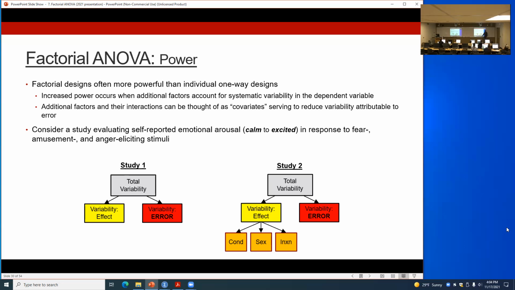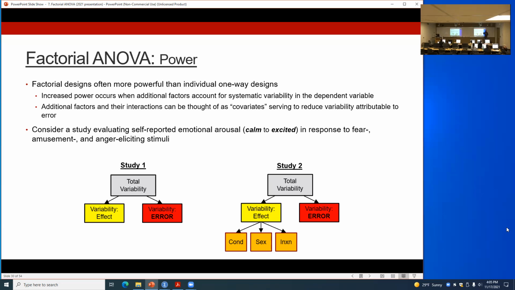If my effect has nothing to do with sex or the interaction? Yeah, it's kind of a trick question. Theoretically, if sex and the interaction of condition and sex have absolutely nothing to do with response to this film, then technically these two terms should be 0 and my error is the same.